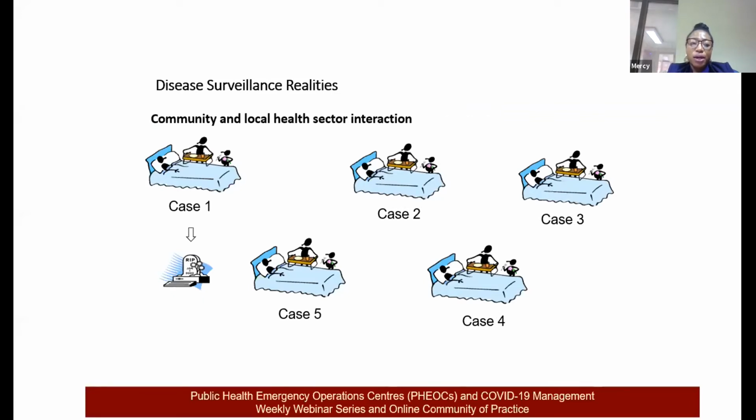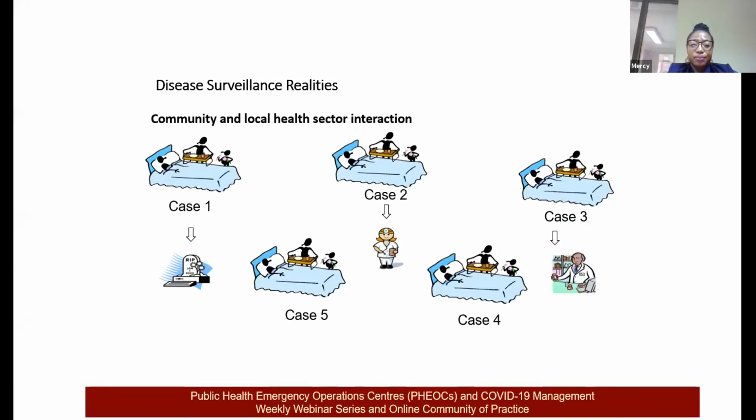Scenario 1 is a case that gets sick, doesn't get medical help, and dies at home. Scenario 2 goes to a clinician, say clinician A, consults and gets treated. Scenario 3 goes to a pharmacist and asks for medicines just for the symptoms he or she is presenting with.